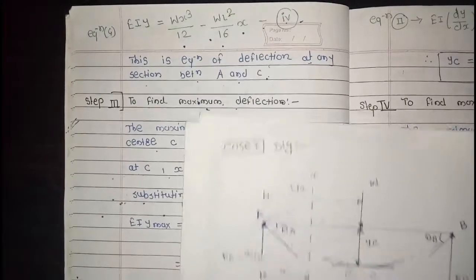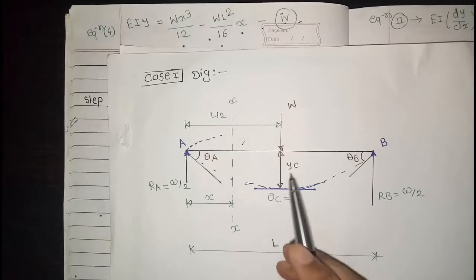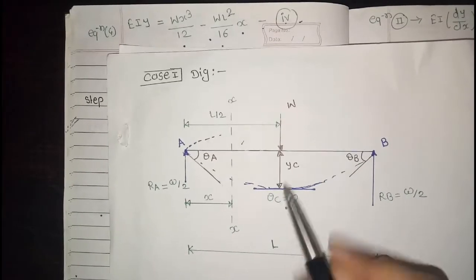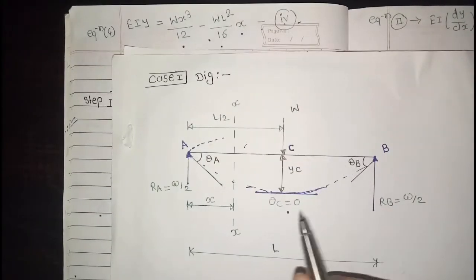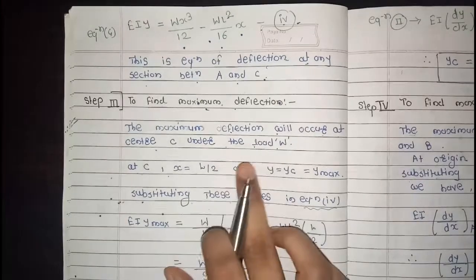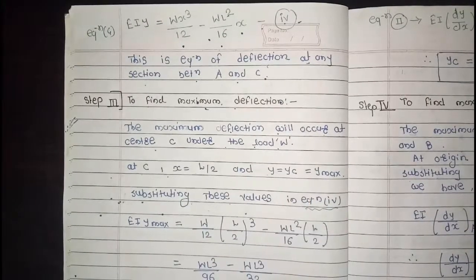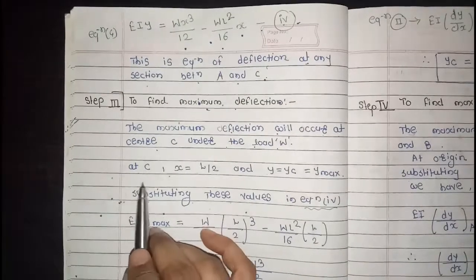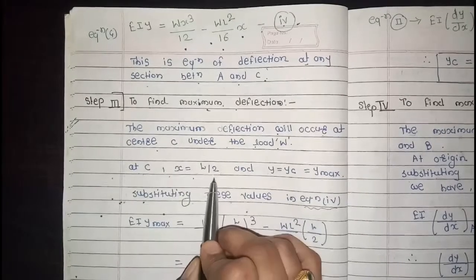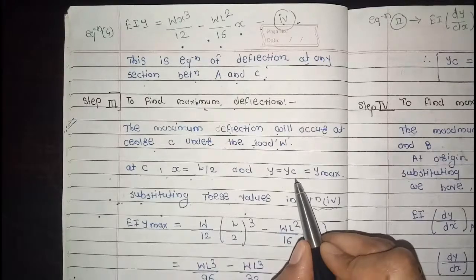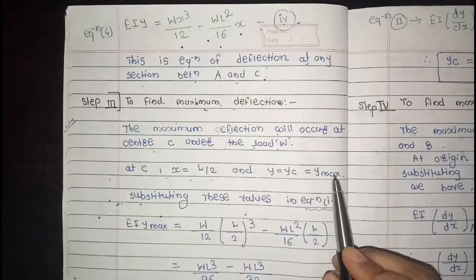Maximum deflection will occur at center C, at point C, under the load W. This is the load. At point C, x is equal to L by 2 and yc is equal to y max.